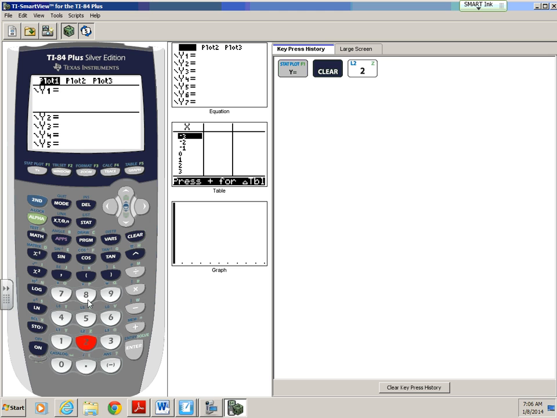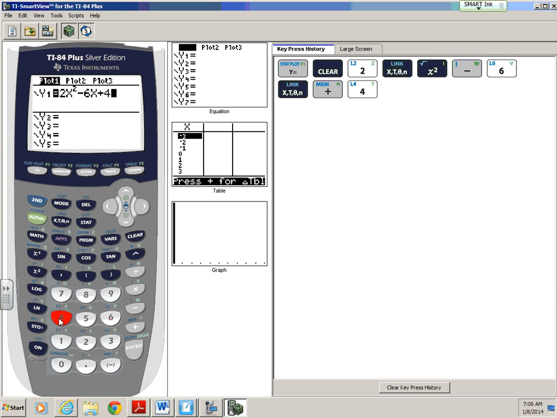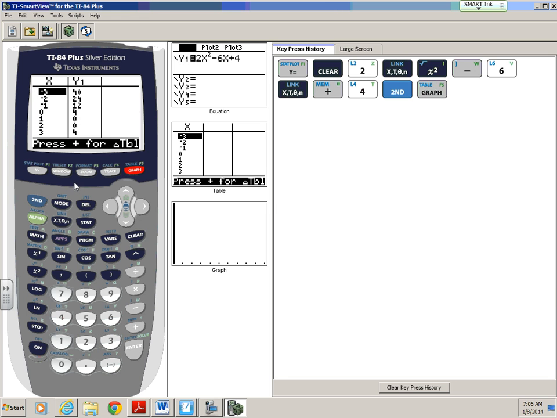We eventually got it to be 2x squared minus 6x plus 4. All right, and we found our solution set to be 2 and 1. Well, how do we check that? We call up our table of values, and if you look here, when x is 1, y is 0.